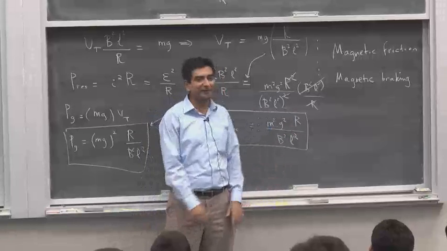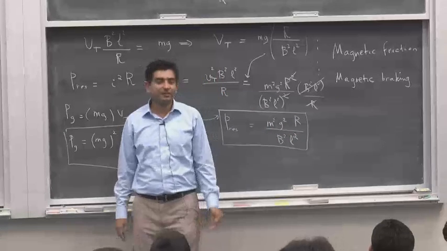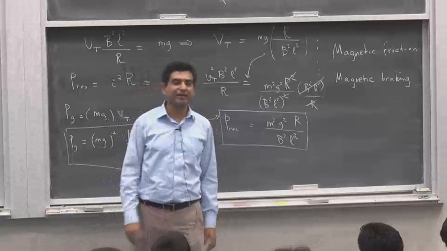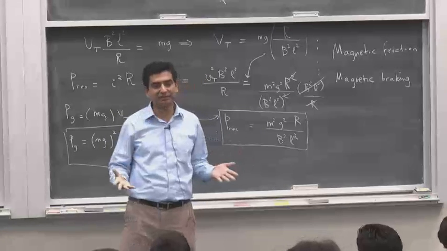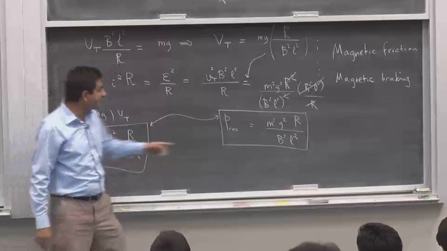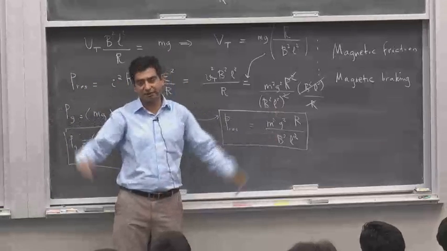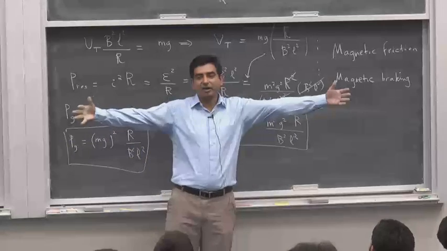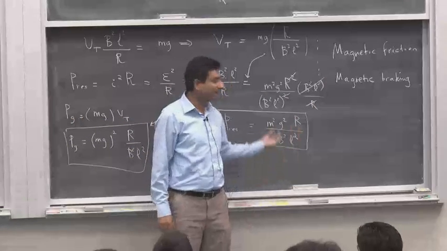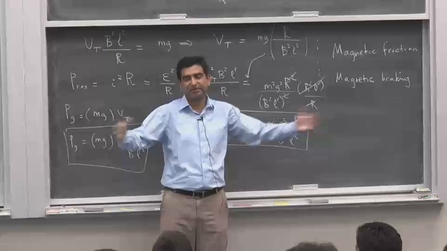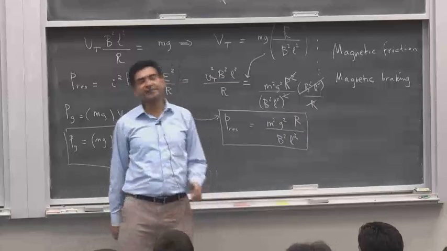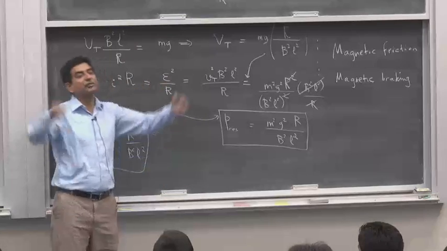You can work out the values and see whether the magnetic field that is required to obtain 1 watt of power is technologically feasible. But the problem is that if you work out this calculation, the magnetic field that is required is really, really large. Or you need really large, long conductors, or small resistors, or massive conductors to get a substantial power. So it's an inefficient process.